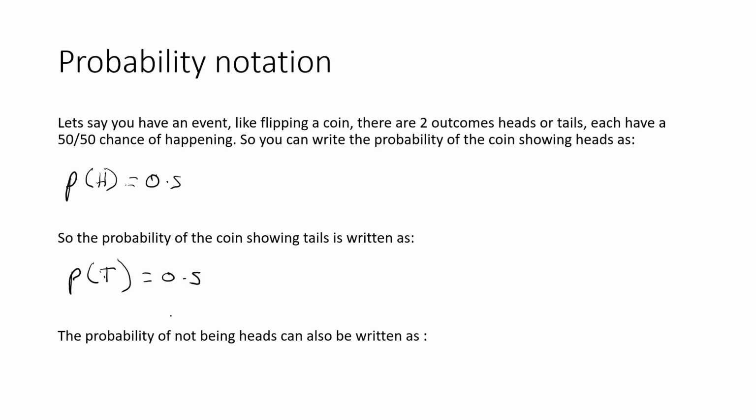One way you could show the coin flipping event is with a tree diagram. So how this would work is you have the coin flip and then you have two possible outcomes, heads or tails. And then you write a probability of that event happening on the branch. Now, how would you write the probability of it not being heads?